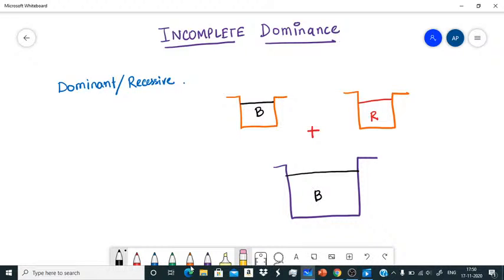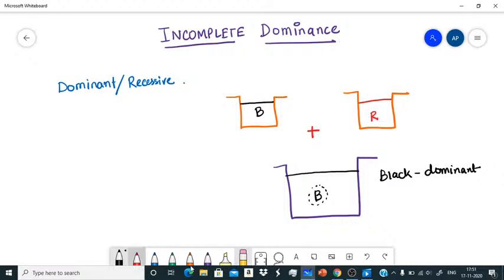Whenever you add them, it looks blackish red, or very dark or darkish red. So ultimately, the blackness prevails, right? From that point of view, we were able to say that the black paint was dominant, because after mixture also, the characteristics of the black paint, that is being dark and having a very shadowy shade, was the dominant or prevalent feature. But the prevalence of redness in the resultant paint was absent, right?